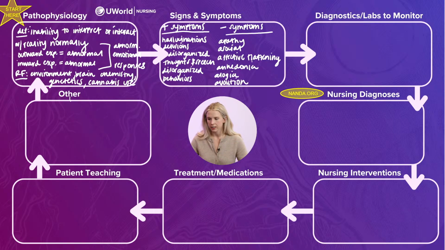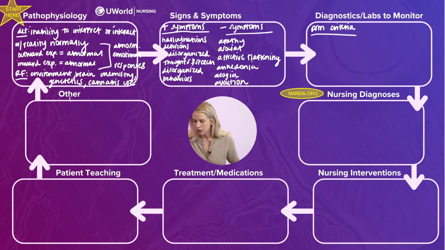So for schizophrenia, we're going to go through our DSM criteria for diagnosis, and we have a couple of different caveats here. So number one, we have to have greater than or equal to 2 of the following symptoms observed. So these have to be between delusions, hallucinations, disorganized speech, disorganized behaviors, or negative symptoms. So greater than or equal to 2 of, and I'm going to use acronyms.